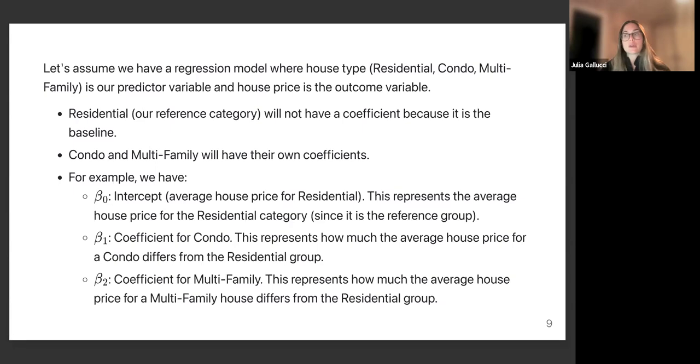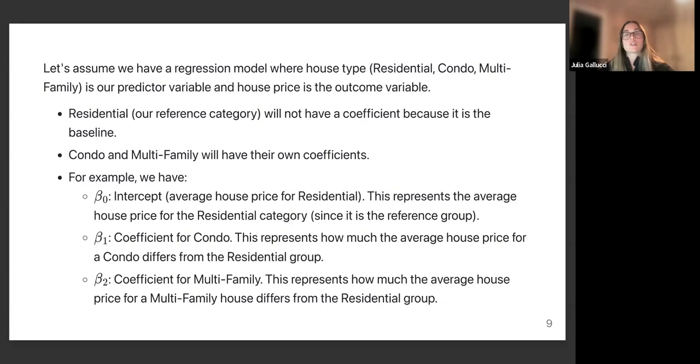When interpreting these beta coefficients for this categorical predictor, the intercept represents the average house price for the reference category, so here the average house price for a residential home. Then beta 1 shows how much the average price for condos differs from residential homes. For example, let's say beta 1 was minus $50,000.